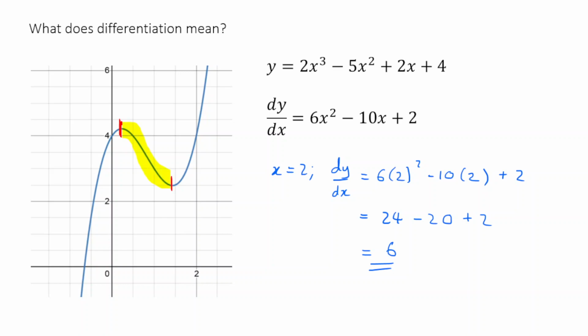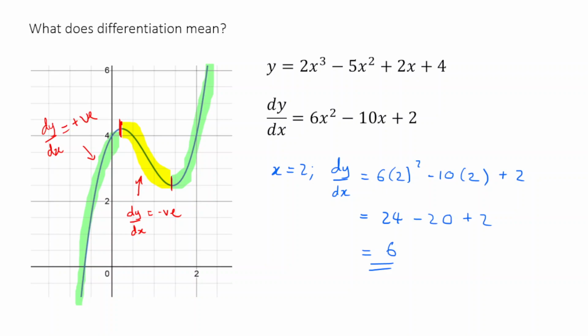So here, dy dx must be negative, because the gradient is negative. Similarly, for these values where the graph is always sloping up, dy dx there must be positive. For those green bits, dy dx is positive.